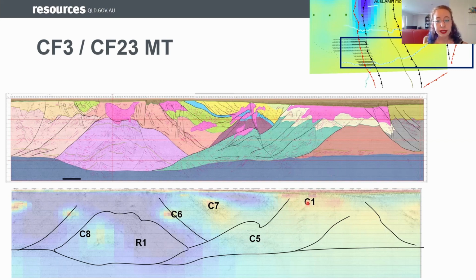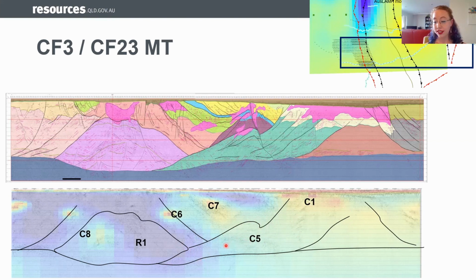Again, we seem to see a very shallow, quite conductive layer here inside the Soldiers Cap group that could be a continuation of what's going on outboard to the east of Cloncurry, I should say. So that's interesting. We've got a big, broad area of moderate resistivity underneath the Gidja suture. So this guy here is the Gidja suture in this interpretation.